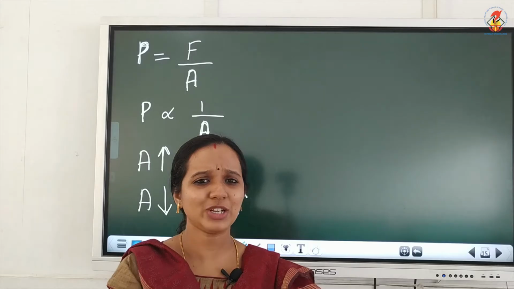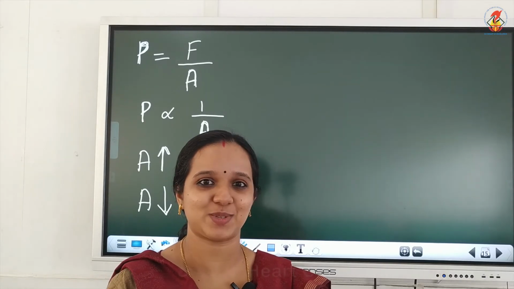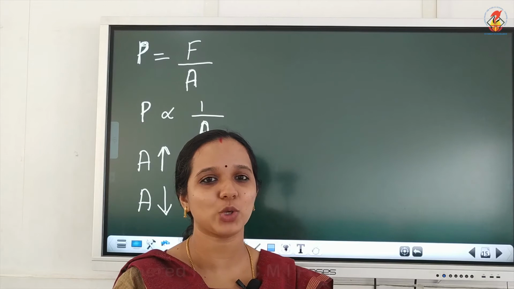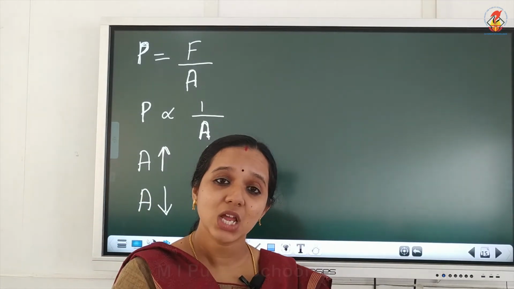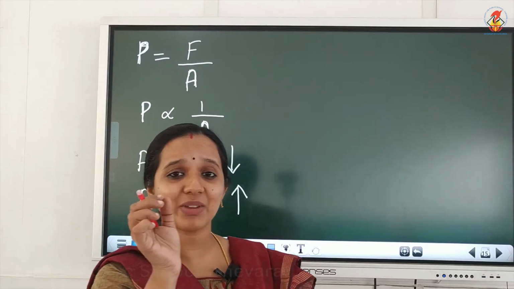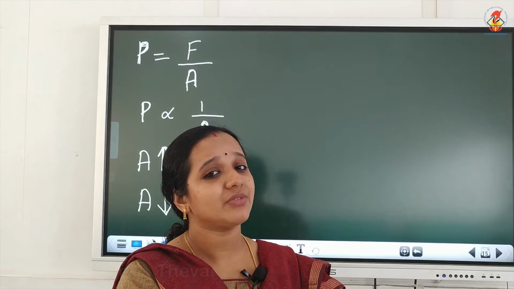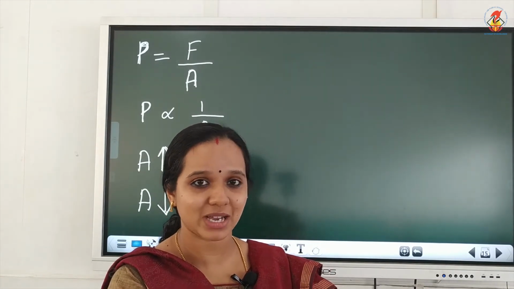Okay. Now it will be clear why nails have pointed tips. Based on this concept, you may be able to answer it. Nails have pointed tips, which means the area will be minimized.